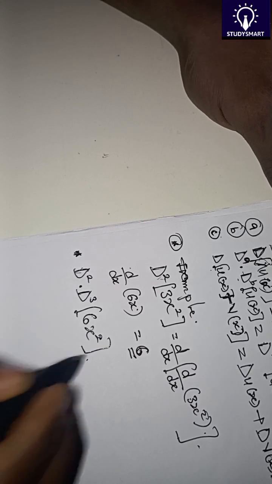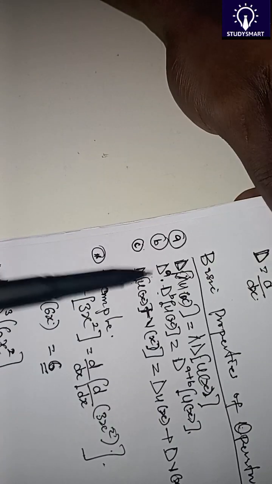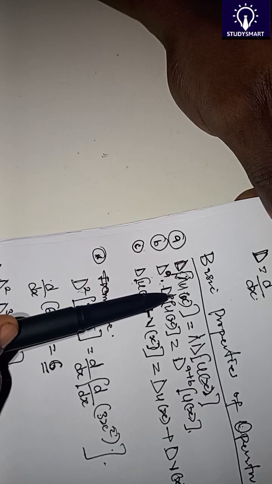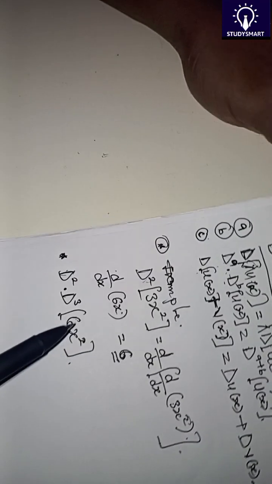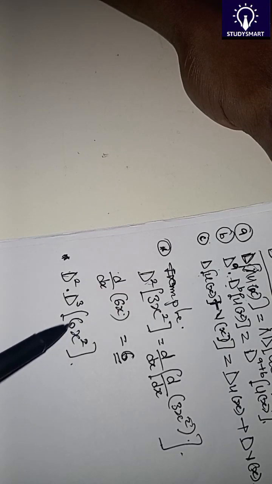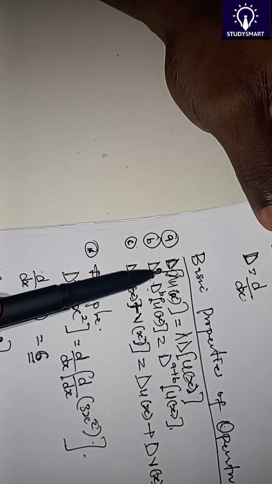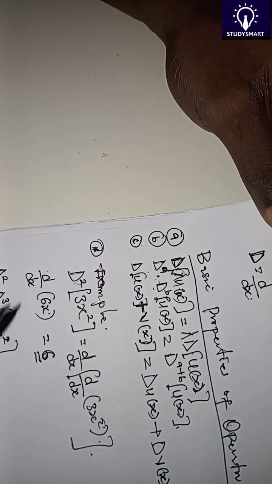Okay, let me leave it to power 2. Right, so from the second property we said that d to power a times d to power b of u of x. Right, so the u is this, is my 6x squared. That's my u. Right, so it implies that I'm going to sum up the powers, take one of the base, and then I'm going to differentiate.